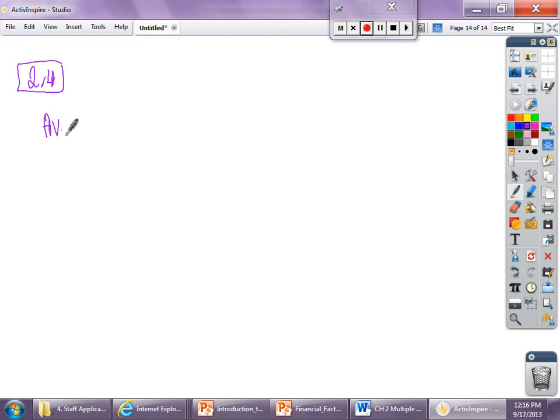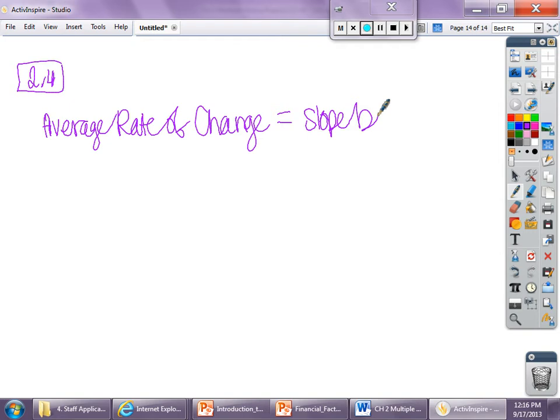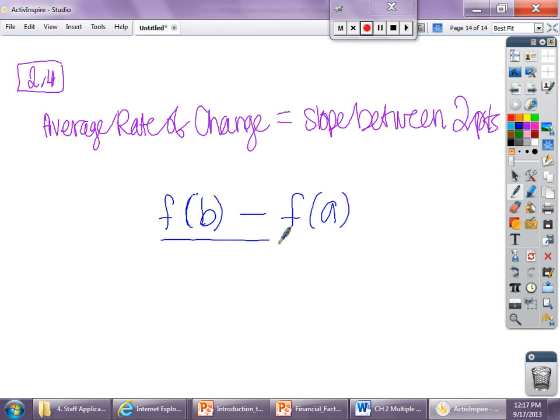All right. Average rate of change is equal to slope between 2 points, which is equal to this beautiful formula here that I'm about to put up, f of b minus f of a all over b minus a.